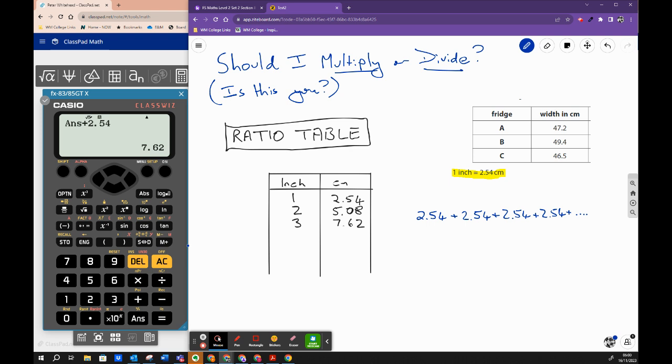So what we see is that each step I'm being asked to add 2.54, 2.54 plus 2.54 plus 2.54 plus 2.54.